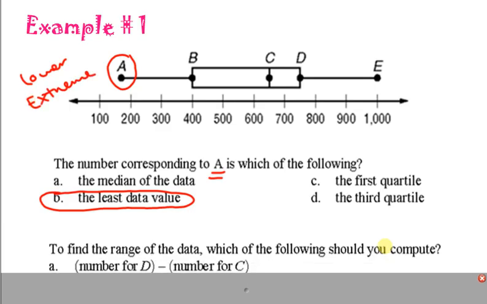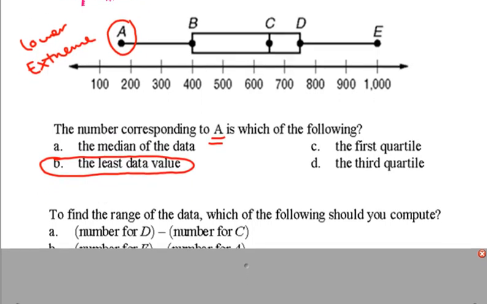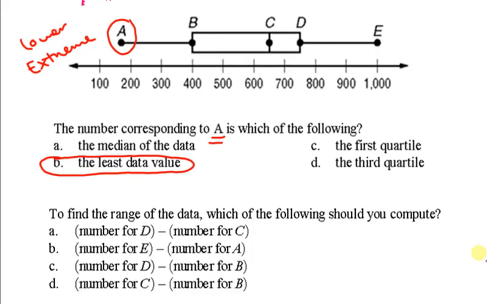All right, let's look at the second question. So, to find the range of the data, which of the following should you compute? Now, before you even look at the answer choices, what is the range? Well, it's the biggest number minus the little number, okay? So, it's going to be E minus A. And so, which answer choice matches up to that?